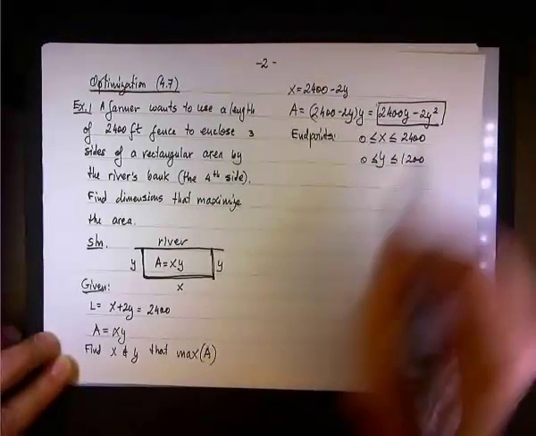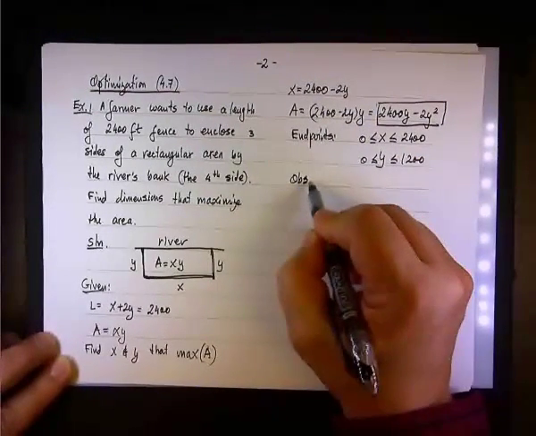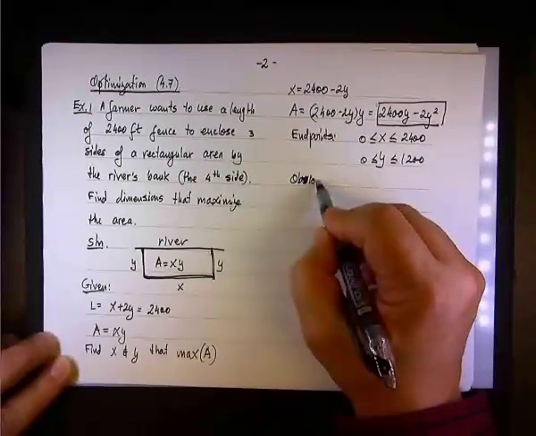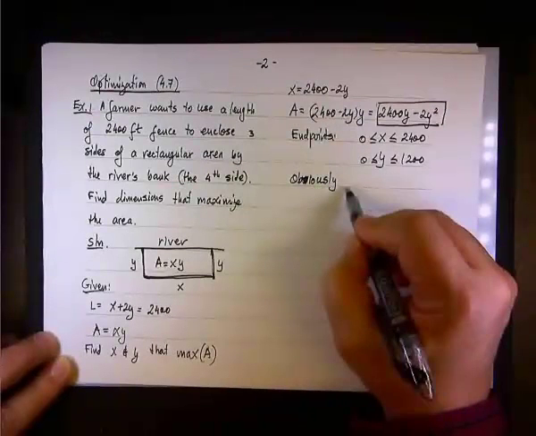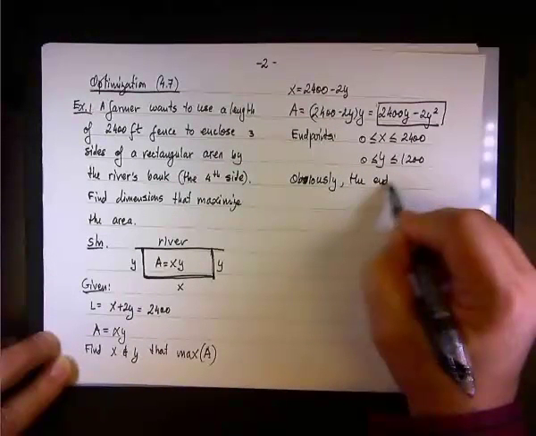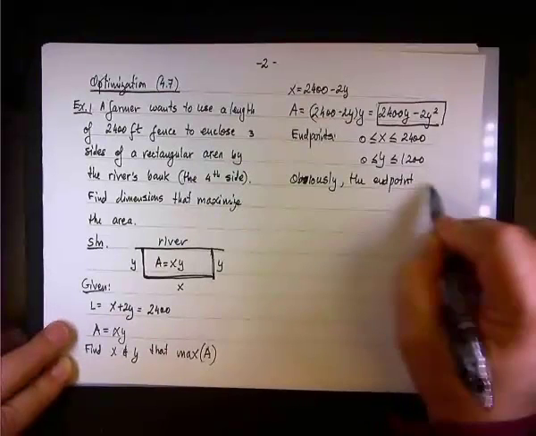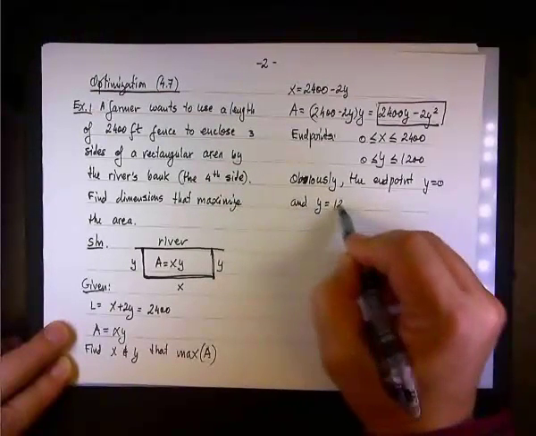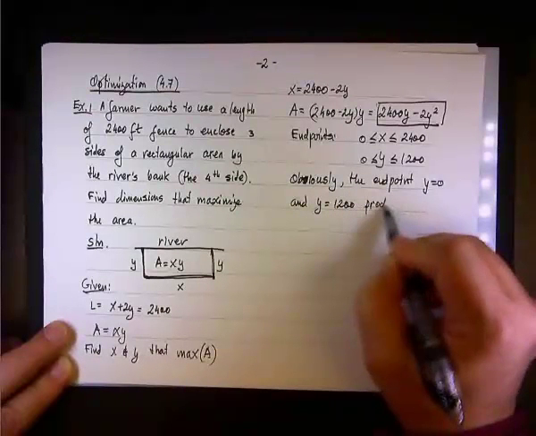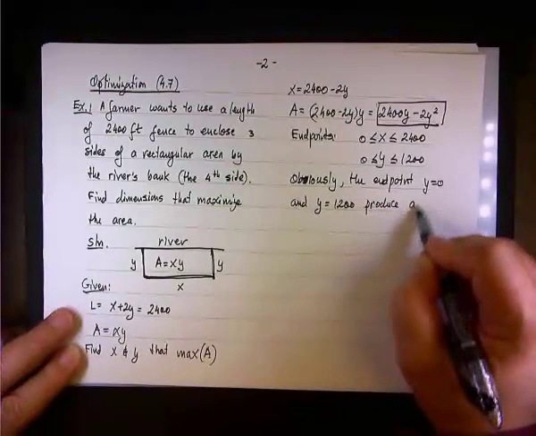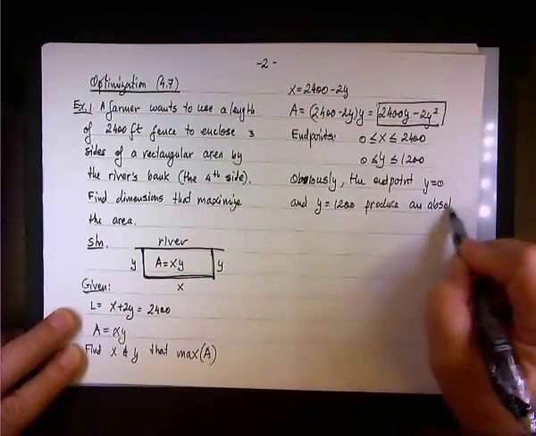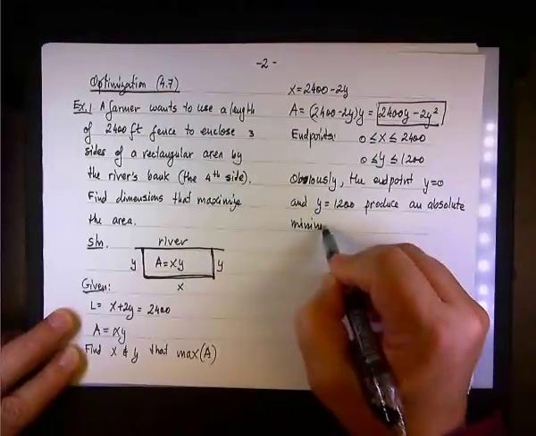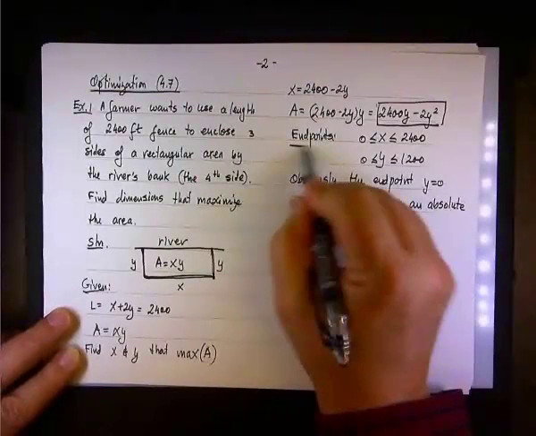So obviously, the endpoints y equals 0 and y equals 1,200 produce an absolute minimum. So we're done with the endpoints.